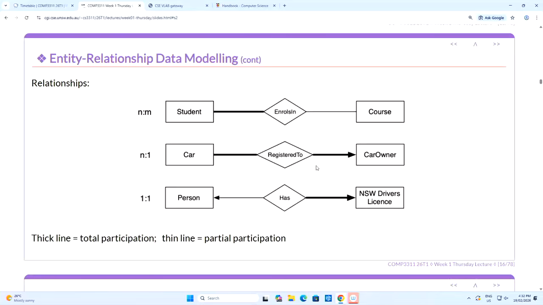That's why on the driver's license side, we have total participation, which means that a driver's license has to be owned by exactly one person. But on the other hand, a person has partial participation, so a person can be associated with 0 or 1 driver's license. He can have 1, or he can have 0, and he cannot have 2 because this is a one-to-one relationship.